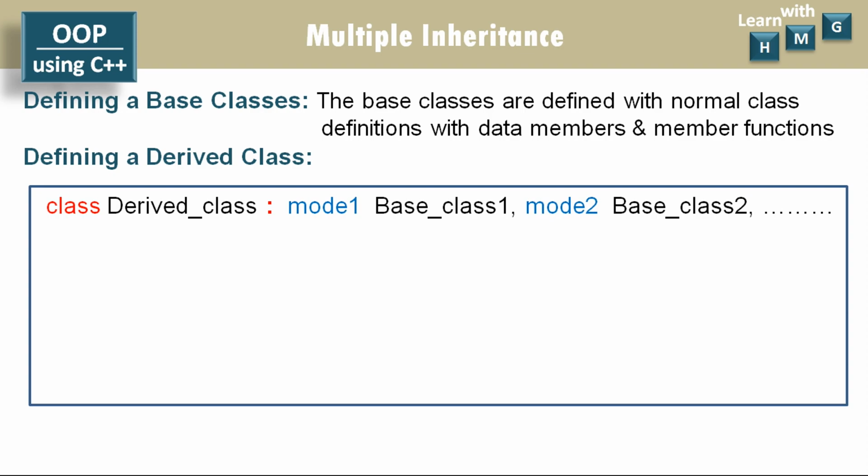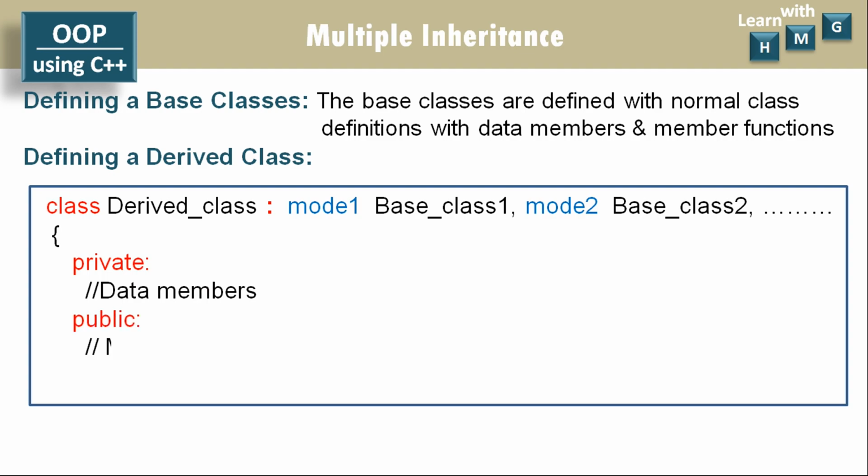The class name, that is the derived class, then colon, that is a relationship operator, and then the multiple base classes with their visibility modes we have to specify. So visibility mode 1, then base class 1, visibility mode 2, base class 2, and so on. And then as usual you can have the data members under private section and member functions under public section.